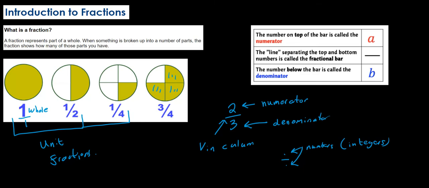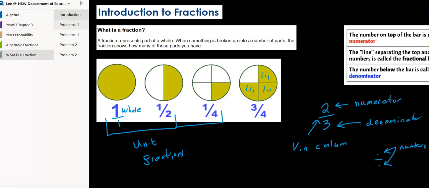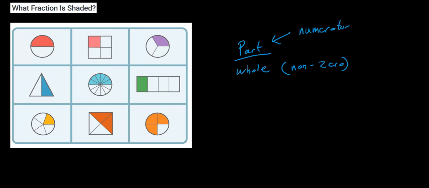Okay, so let's have a look at some problems. Okay, so from the previous slide, we saw that the top was called the numerator and the bottom was called the denominator.